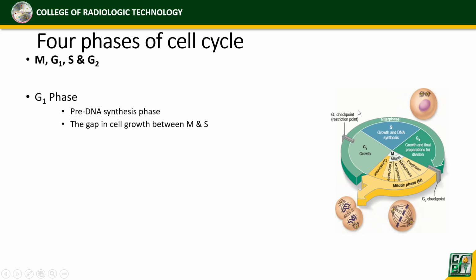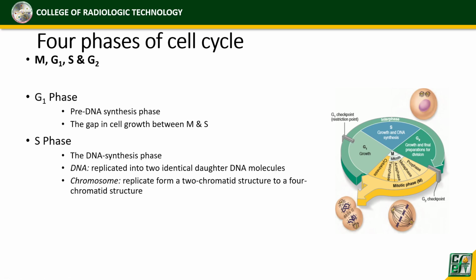Then, the S phase. Kung G1 yung pre-synthesis, the next phase, the S, is the DNA synthesis phase. So, the DNA is replicated into two identical daughter cells.